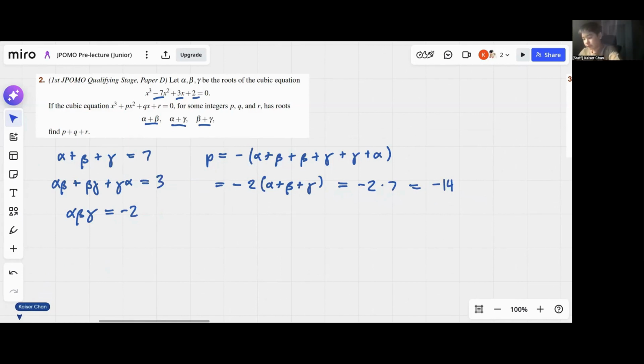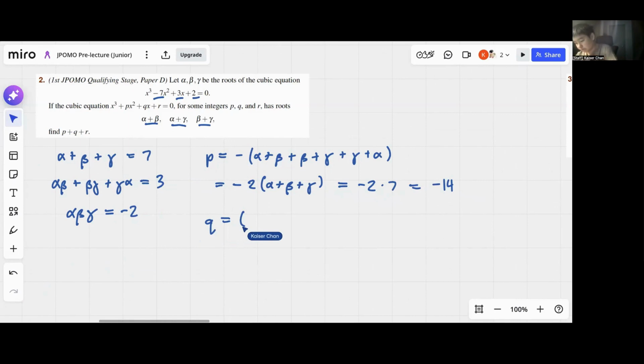Now let's go for Q, which is slightly more complicated. This time, since this is the second sum, we don't have to negate. And so this is just the sum of the pairwise products. By pairwise products, by the way, we mean the products of any two of the roots.